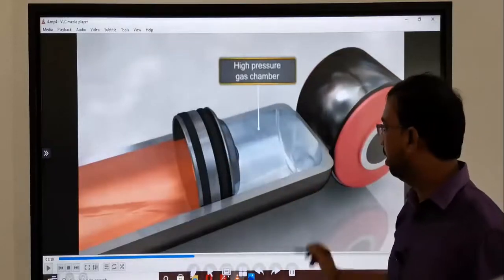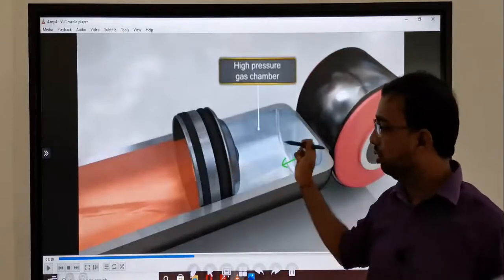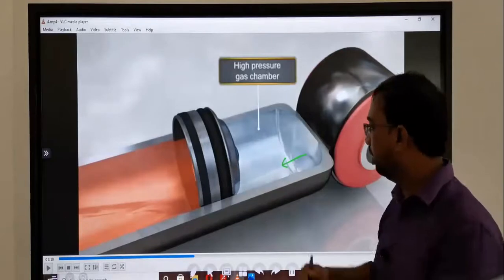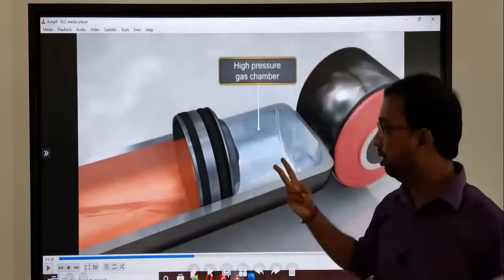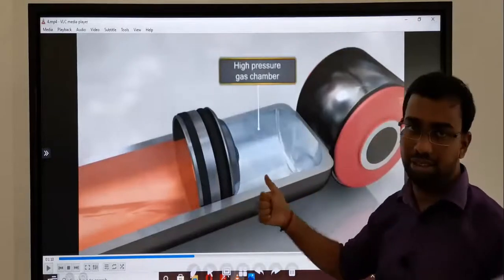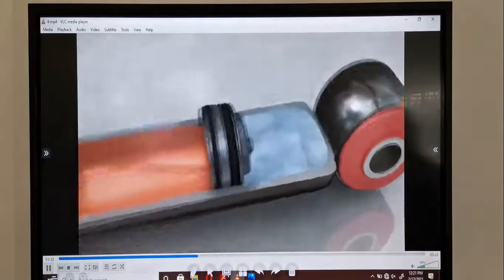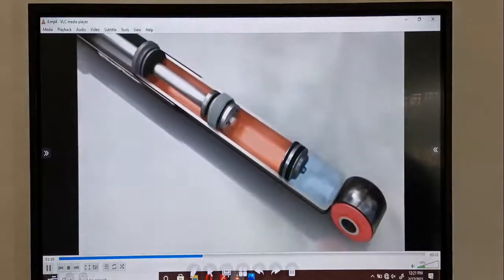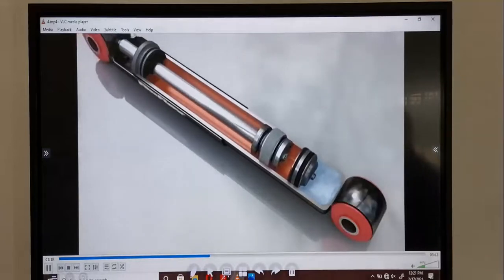What will happen? The pressurized nitrogen gas gives pressure to the upper side of the piston. So there are two types of fluid: one is gas and the other is hydraulic oil. This is gas and that is hydraulic oil. You can see clearly.